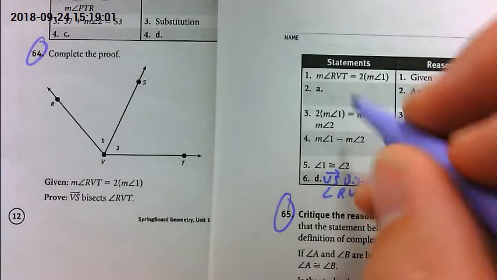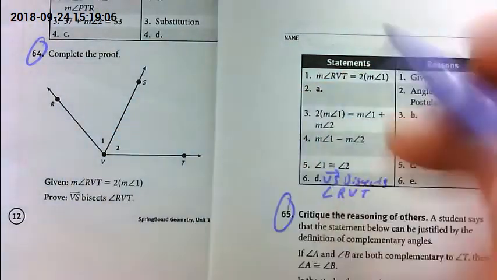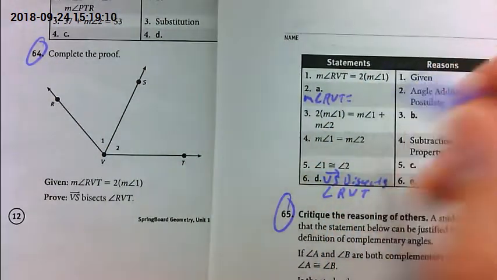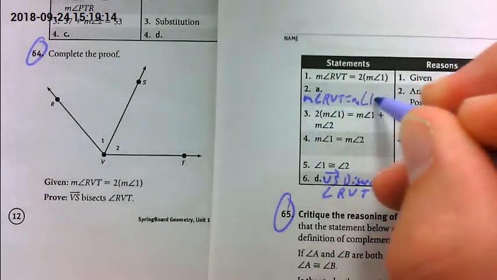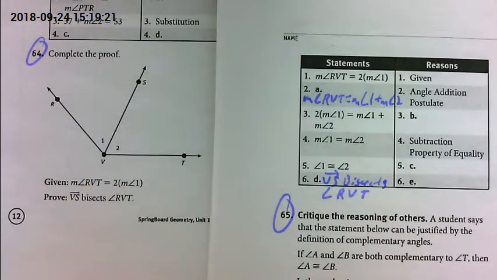So, the entire angle is RBT. So I can say measure of angle RBT equals measure angle 1 and 2 added together. Now, you could also list those out with the 3 letters, but it would take more room if you're going to write it out with the 3 letters. So you can just use the numbers that were in between them.